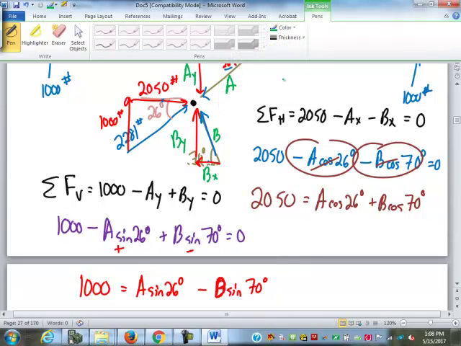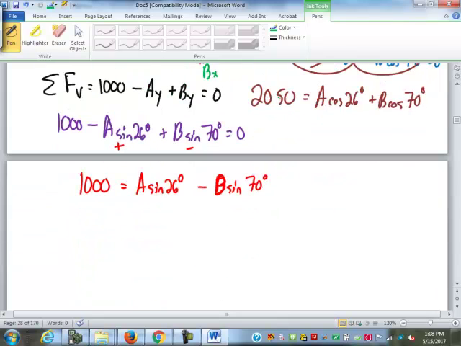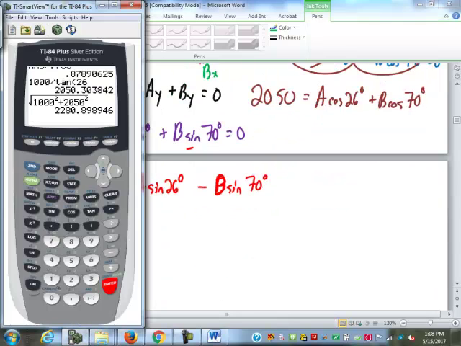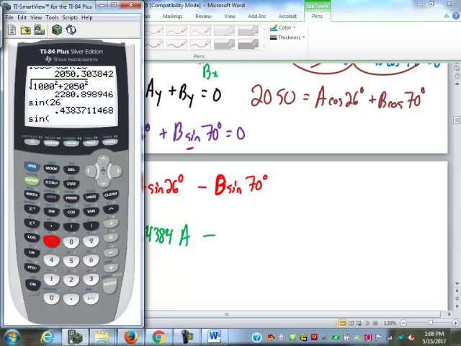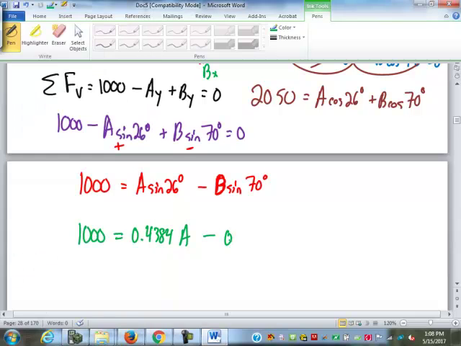So now I'm going to fill in some numbers. Sine of 26, 0.4384. That's 0.4384A. Sine of 70, 0.9397B.